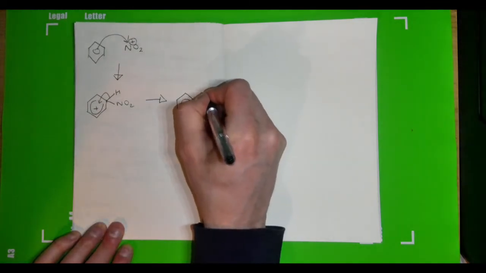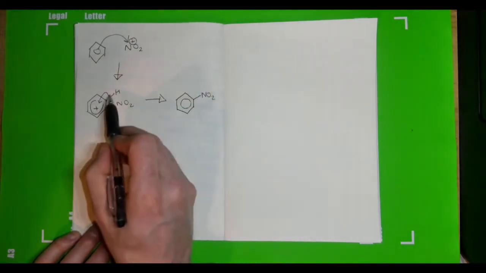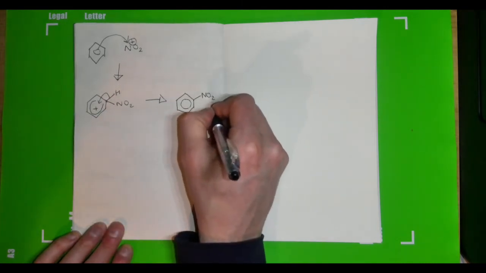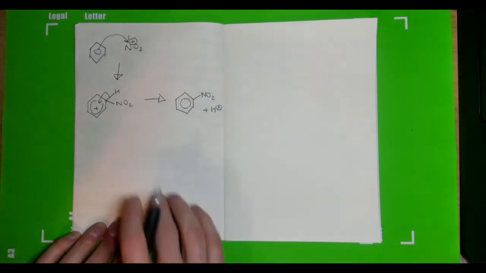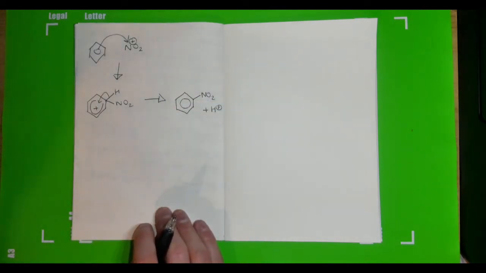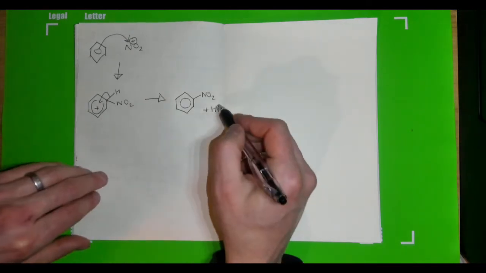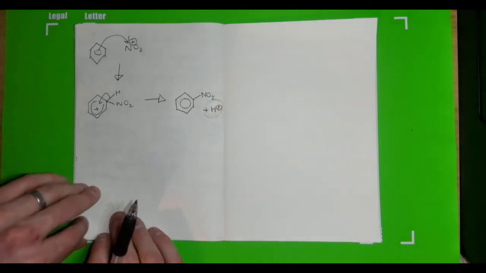The NO2 group that I've added, and because I've taken electrons away from this hydrogen, I get an H plus here, like that. Okay, now, the H plus is a reactive species. That isn't just going to hang around there.